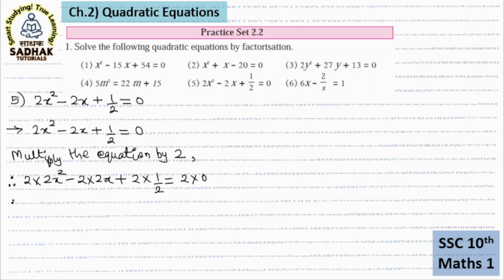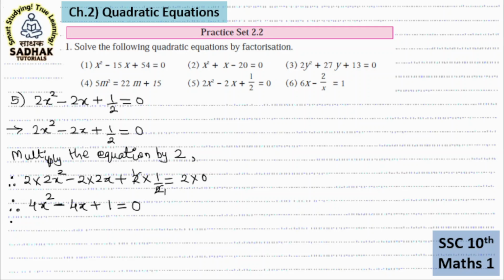Okay, so that will give us 2 2s are 4, so 4x square minus 2 multiplied by 2x is 4x plus these 2 in the numerator and 2 in the denominator will get cancelled, so we'll have 1 is equal to 2 multiplied by 0 is 0, because anything multiplied by 0 is 0.